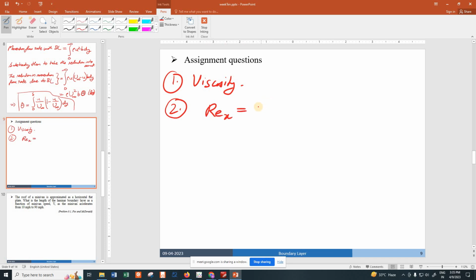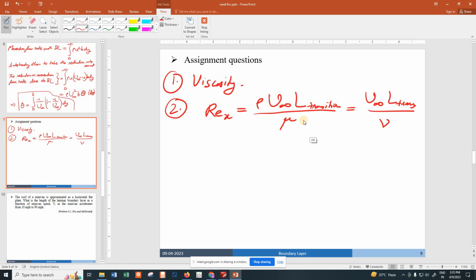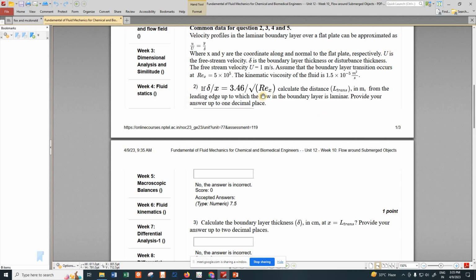Rex is equal to rho u infinity into L transition by mu. Or one can write that basically as u infinity L trans by kinematic viscosity, because we have been given the kinematic viscosity value.